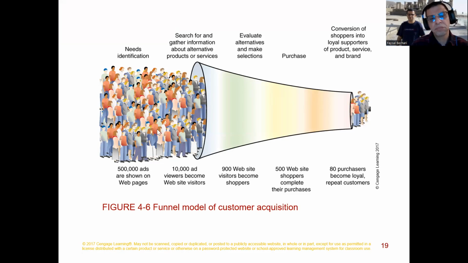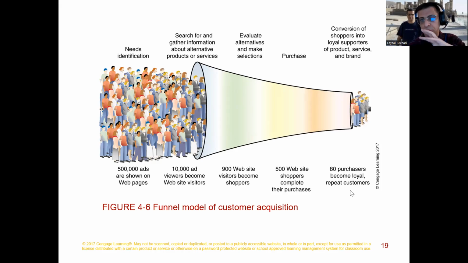So you have, say, need identification. They come in as a funnel. There are 500,000 ads showing on the website, and then search and gathering information. We'll explain each stage, from need identification until the conversion of shoppers into loyal supporters of the product, services and brand, which is, out of 500,000 ads, 80 purchasers become loyal, repeat customers.